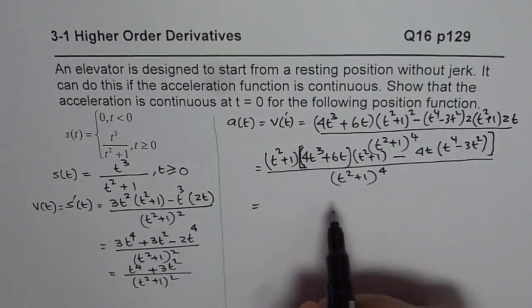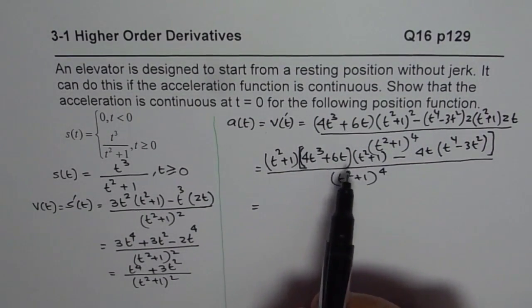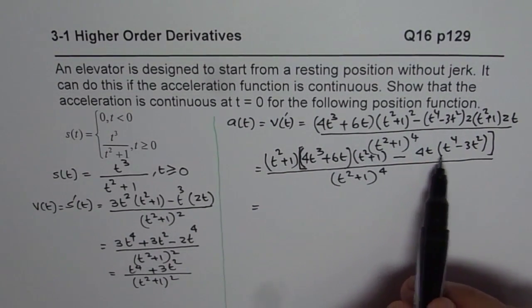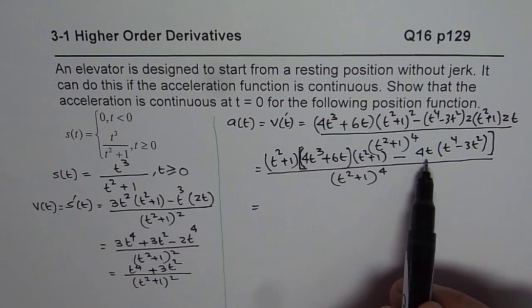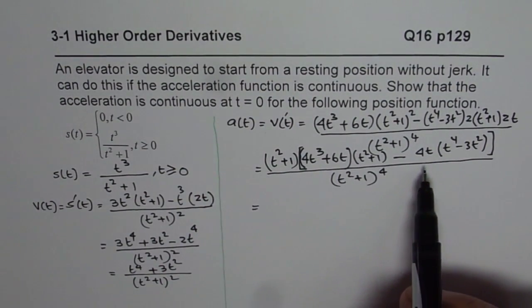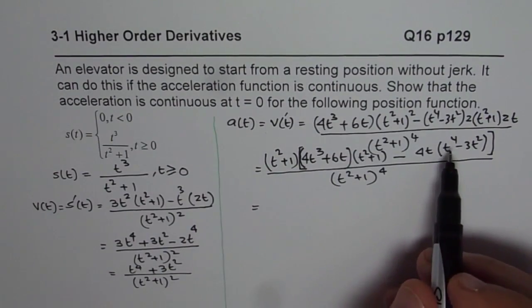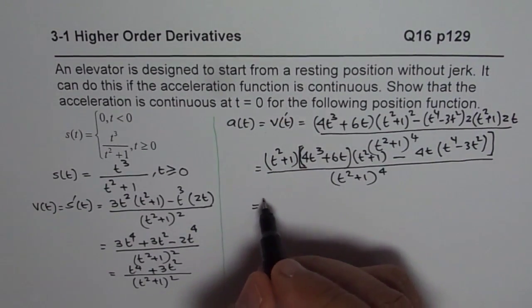So let's go one more step. We cannot take 4t common, but we can take 2t anyway, and nothing else is common. So we'll just expand.